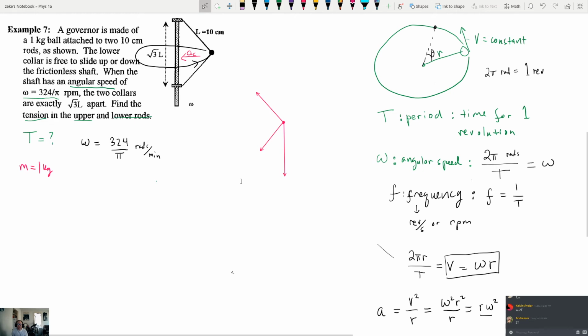And then a weight. Now I'm going to give them different values. So we'll call this one T1, and we'll call this one T2. I think where I'm going to write that is right up here though. So we'll write T1 where it is, but we'll put T2 right here. And then here's our weight pointing down, so I'll just write mg.